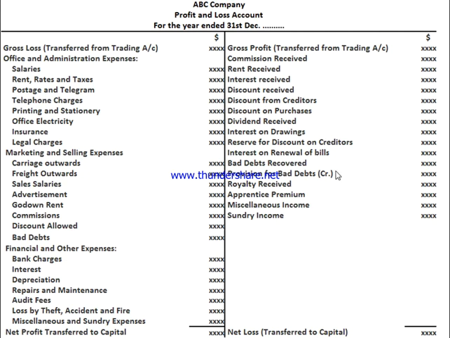And on the credit side or right hand side, you will write down the incomes or revenues, all those revenues that have been generated from other sources, not from the main sources of the business, but from other sources of the business. So this is the main structure which you should keep in mind while we are going to solve this problem.